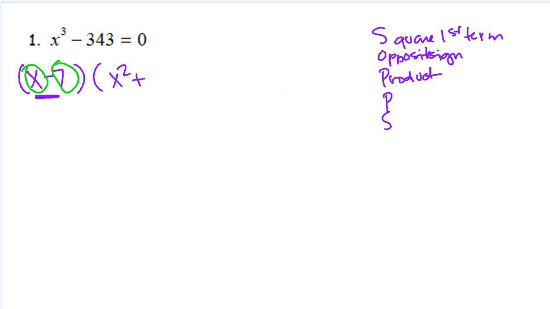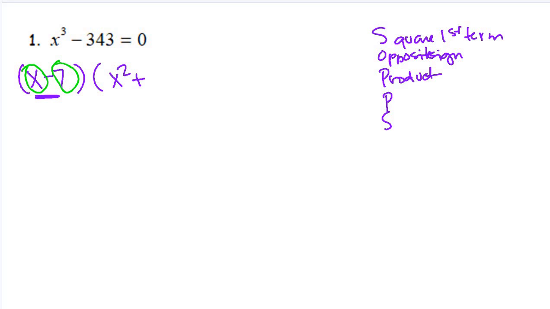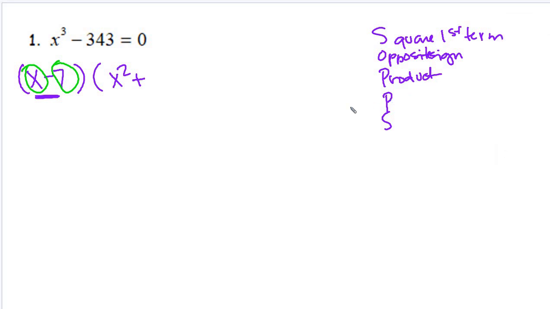So 7 times x is 7x. And then plus, and this is the square of the second term. So the square of 7 is 49.